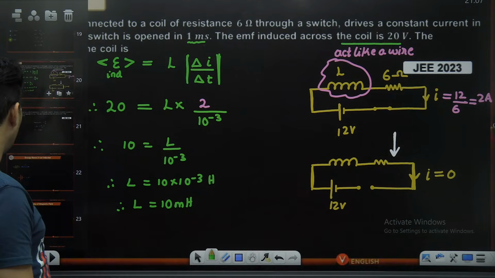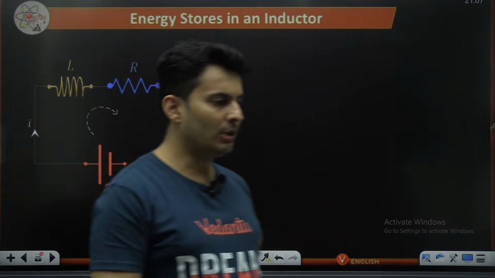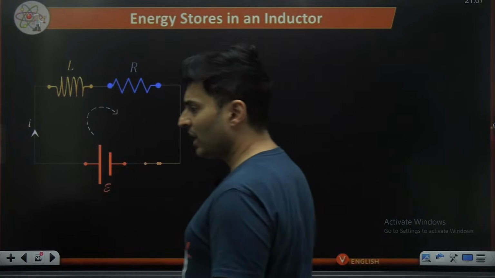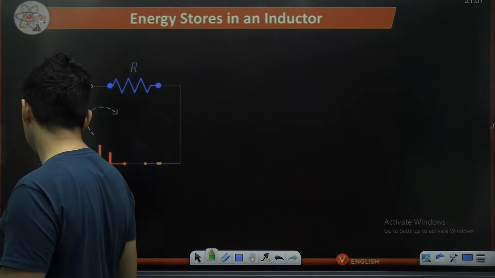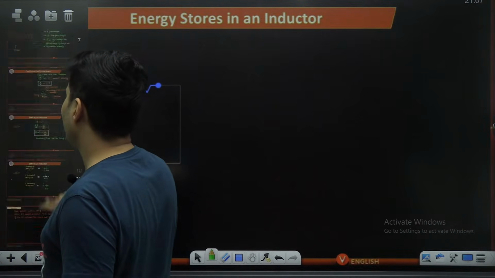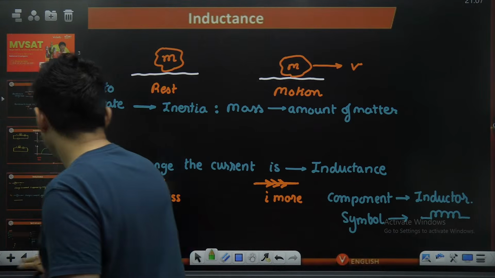All right. Now that we are done with this, let me tell you that an inductor also stores energy. How do I know how much energy does it store? So to get that idea, let's go back to where we started.